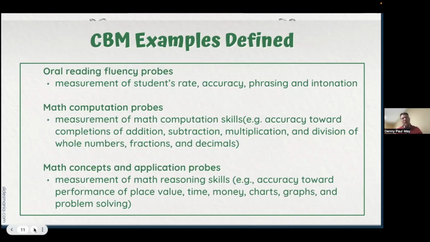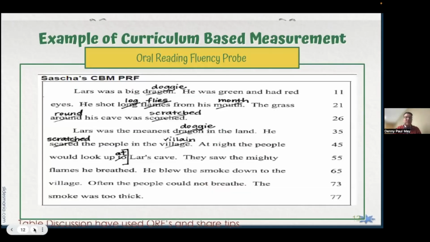And I'm not a math specialist, but we're looking at automaticity. How can we reduce the cognitive overload so that we can do the higher order and get to that top end of Bloom's taxonomy? And then math concepts and application probes are measures of math reasoning, accuracy toward performance of place value, time, money, charts, graphs, and problem solving. So those are what we're talking about here.